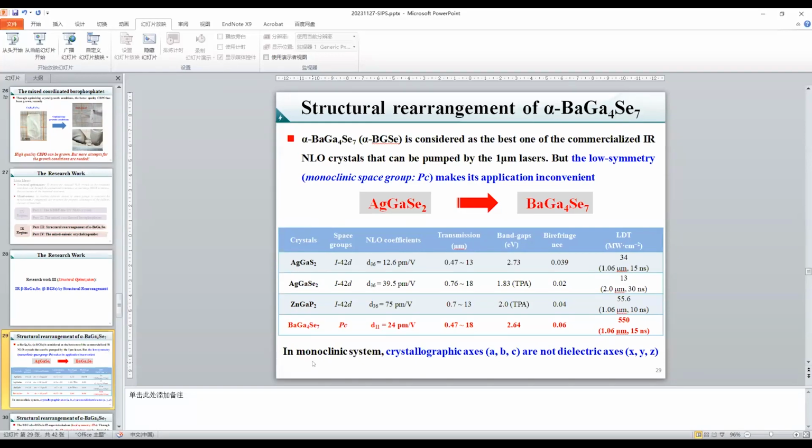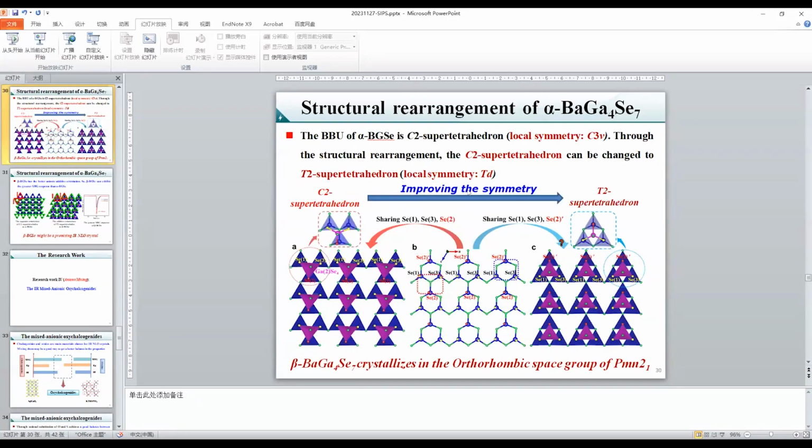In the monoclinic system, the crystallographic axes abc are not the same as the dielectric axes XYZ. So it makes its application inconvenient. In our research, through the structural rearrangement, we change its basic building units from the C2 spectral tetrahedra into the T2 spectral tetrahedra.